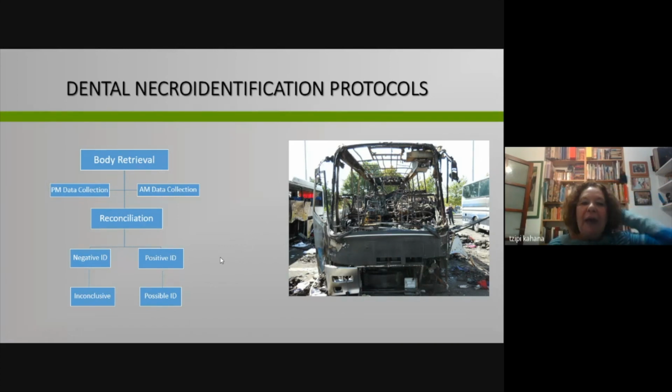Let's move on now to identification of victims using dental protocols. I will not talk about the body retrieval. This would be a very long talk about the methodology, how the bodies have to be collected, how they have to be numbered, how they have to be transported, etc. I will not talk about that.